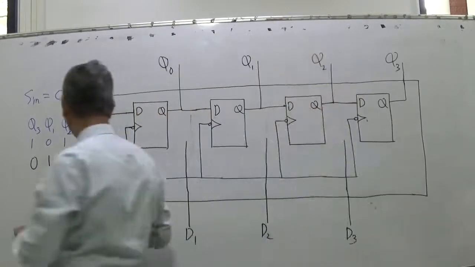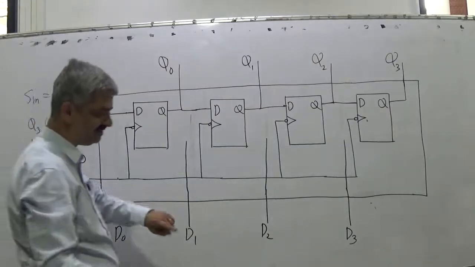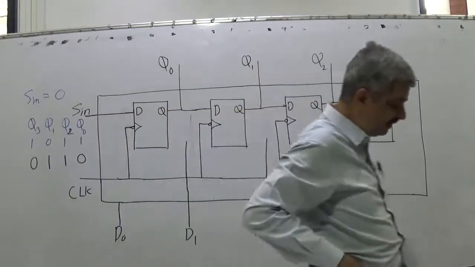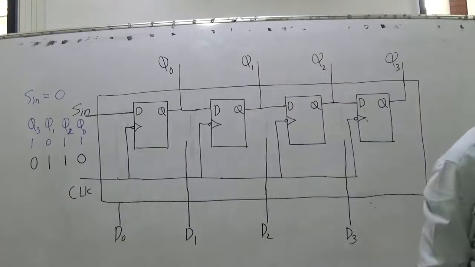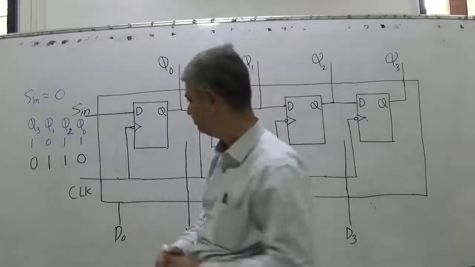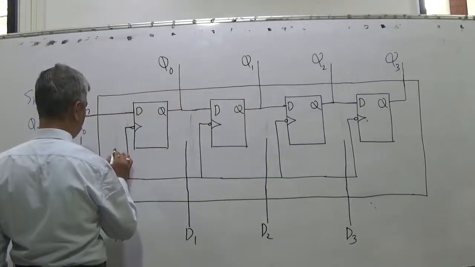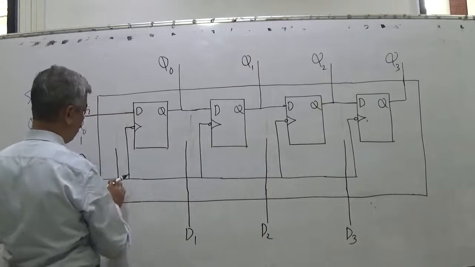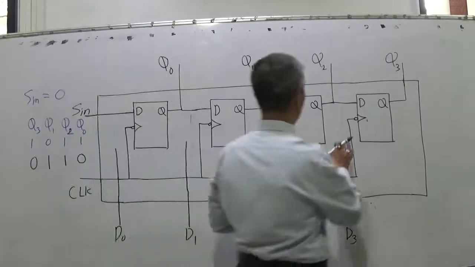Now I want both things. Previously, when inputs are available outside, in the previous case I have shown all D inputs are available outside. So when all D inputs are available outside, what is going to happen?